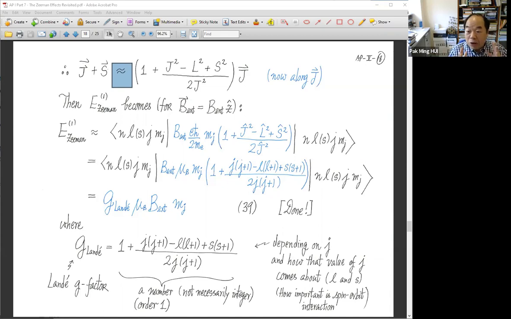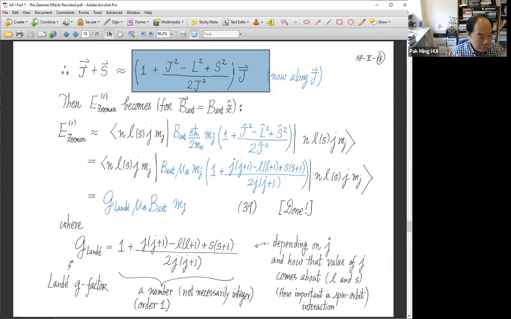It so happened, if we invoke this same approximation first, that matrix is diagonal. Do you see? And that's why we can use this first order perturbation and get the same result. Okay, do you understand what I'm saying?